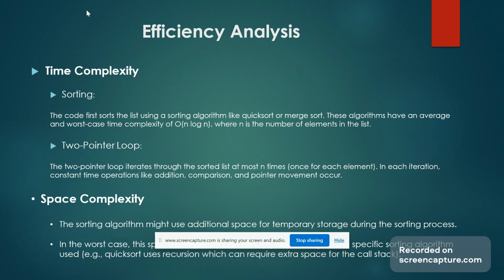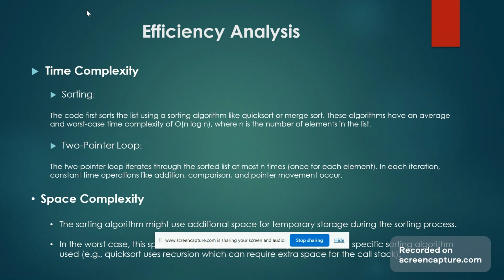In each iteration, constant time operations like addition, comparison, and pointer movement occur. The overall time complexity of the code will be O(n log n), which offers an efficient solution with regard to time complexity.